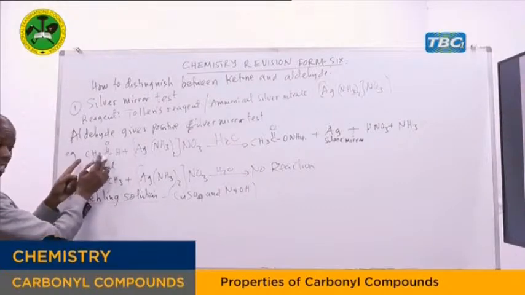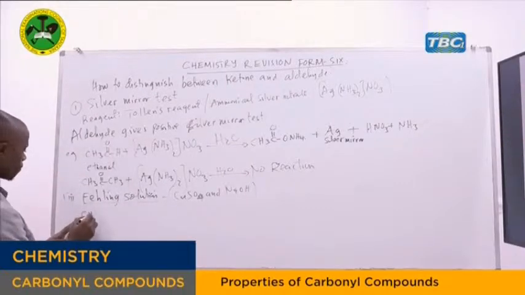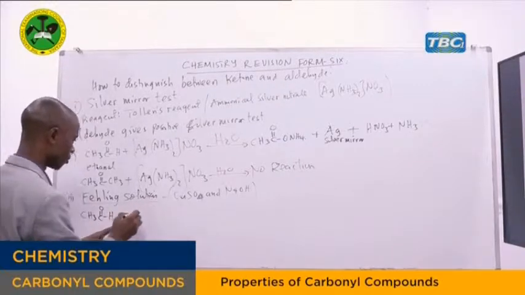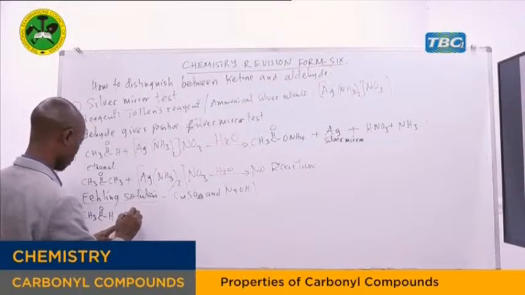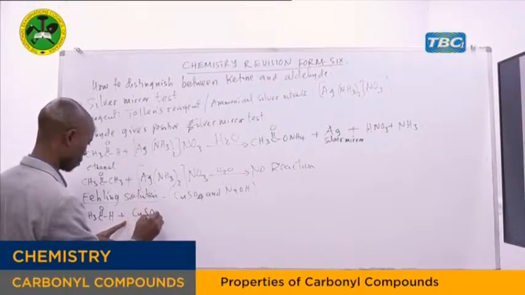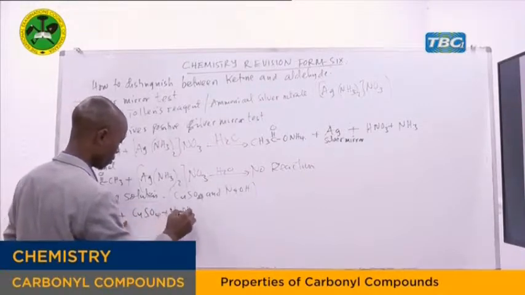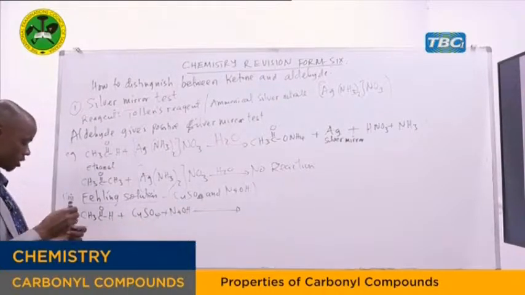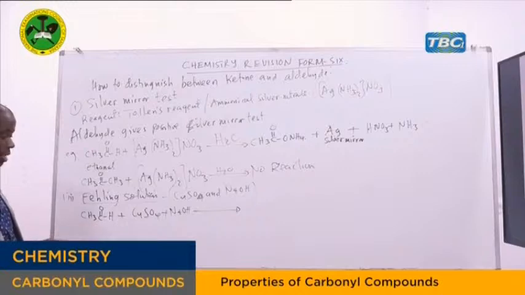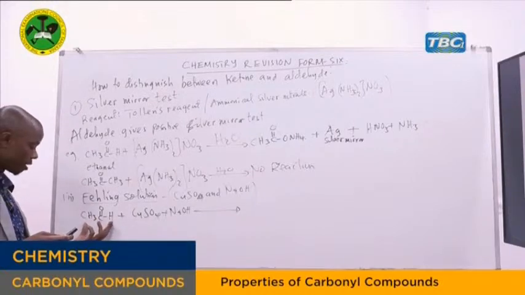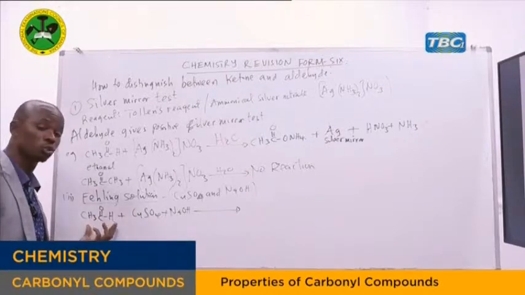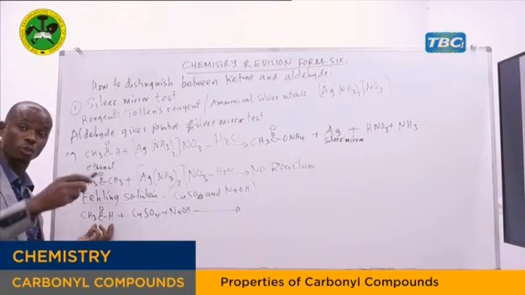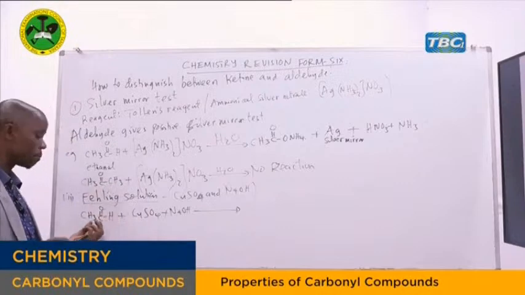An example, let's take the same example. With this mixture, Fehling's solution, this aldehyde will be oxidized into a carboxylate salt. Because this is a strong reducing agent, it will be oxidized into sodium carboxylate.